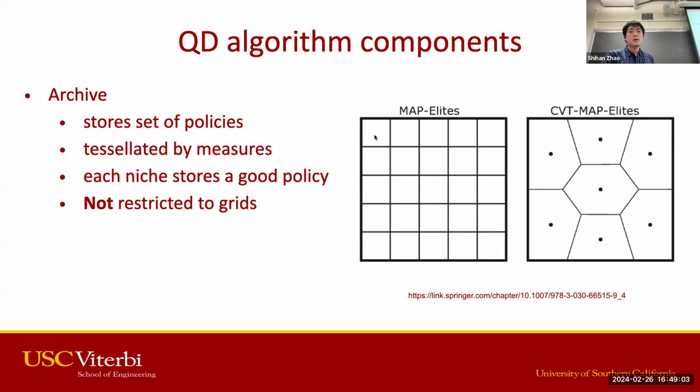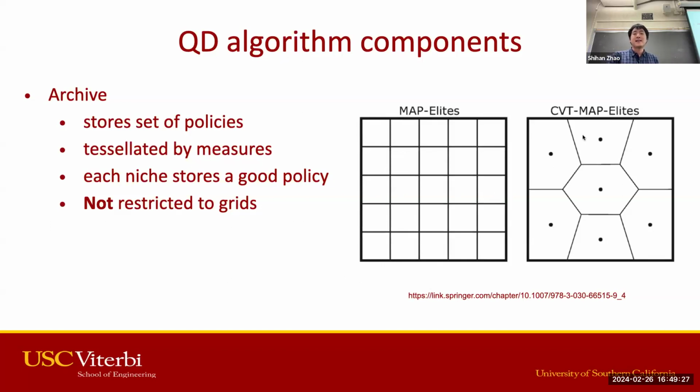Again, it is discretized or tessellated according to some measures which the users define. Essentially each cell defines a niche which satisfies certain combinations of measures, and we want to fill as many of these as possible. But this doesn't have to be a grid. For example, there is another kind of archive called CVT, which stands for, I think, centroidal Voronoi tessellation.